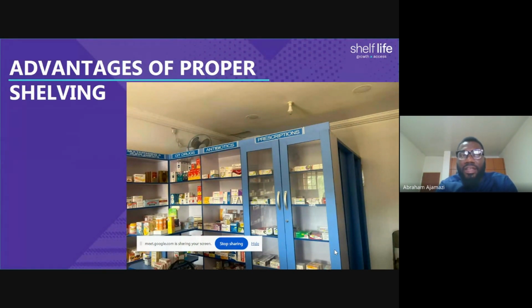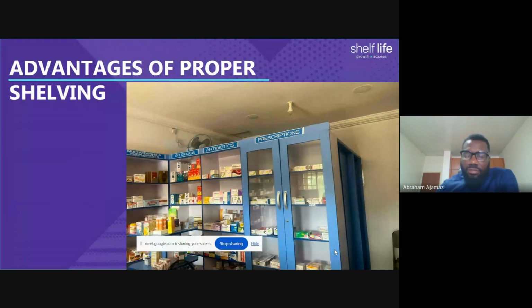Now, the chances of dispensing drugs wrongly or picking drugs wrongly are reduced to the barest minimum. You would see that your confidence is being boosted that such a pharmacist can actually handle your health matters professionally.